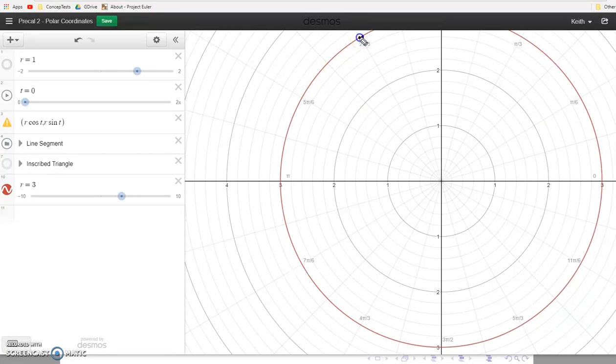I need to convert that spot which we found in polar coordinates to rectangular. And the way we can do that is what we have been able to do for a long time now.